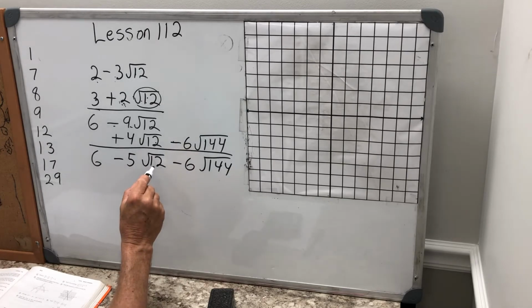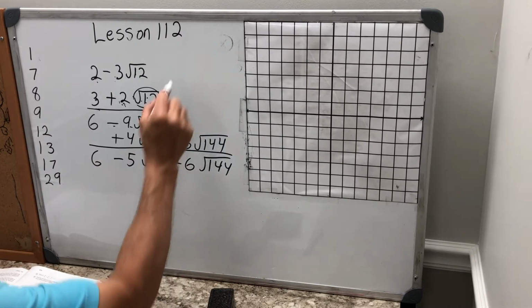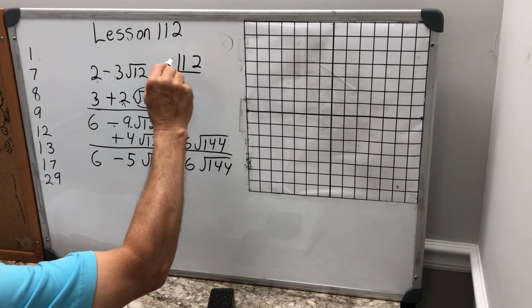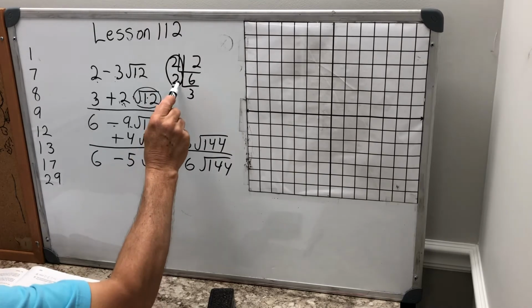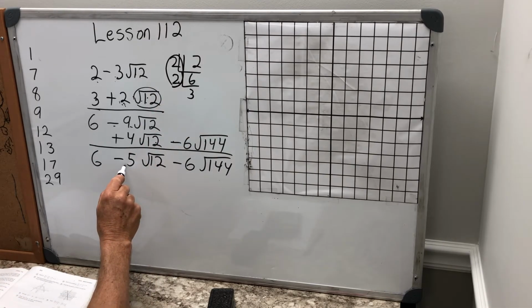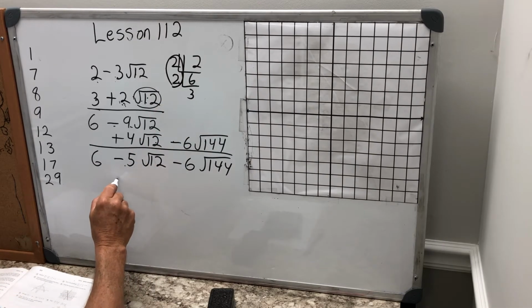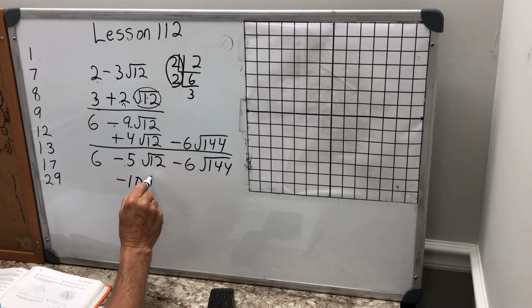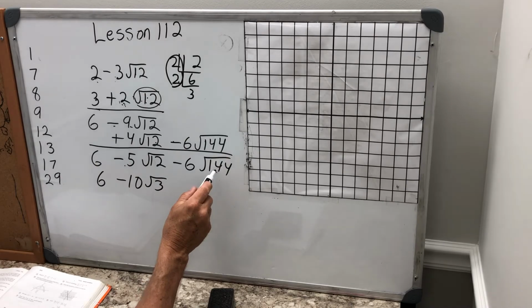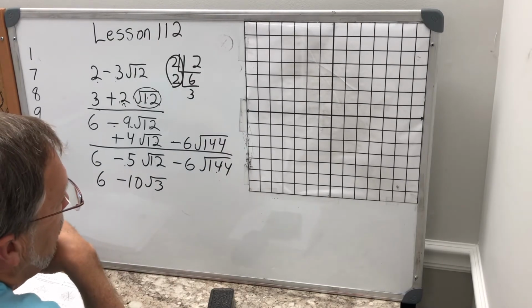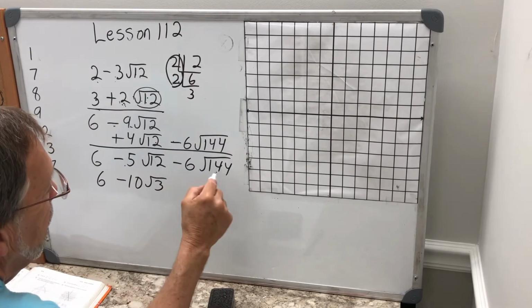The 12 can be simplified how? Let me do it up here. 12 is a 2 times a 6, 2 and a 3. So it's 2 times negative 5 is a negative 10 to the square root of 3. We'll bring the 6 down. Here's the 144. The square root of 144 is 12.